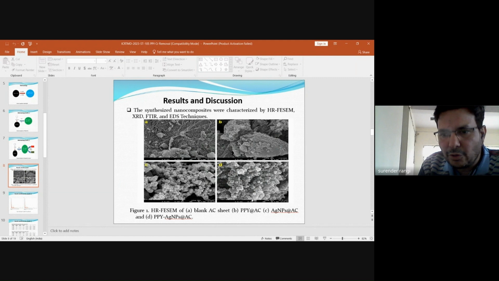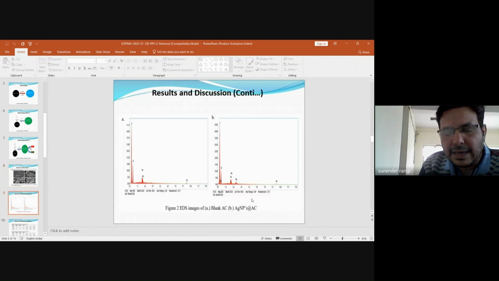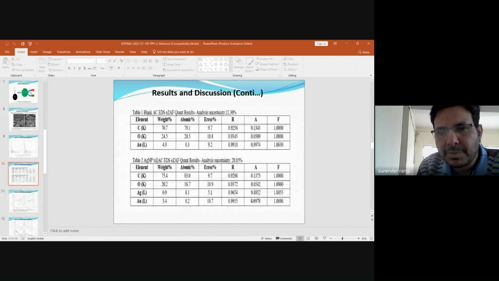The globular structures can be seen in figure D. These are the EDS images, in which part D shows silver peaks, which were absent in the EDS A diagram. This is the quantification of the silver, in which the silver loading percentage is visible. 0.1% silver was loaded.